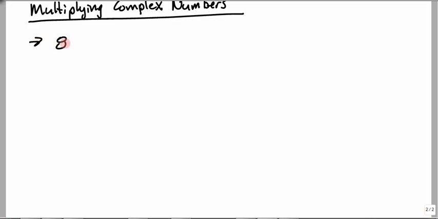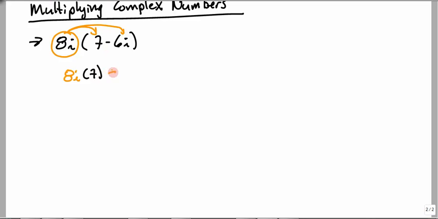So for instance, we could have a monomial, a single term, times a binomial, 7 minus 6i in this case. And the process is the same. You take the 8i, not just the i, but the 8i, and distribute it to everything in the parentheses after it. So I'll have 8i times 7 plus 8i times a negative 6i.